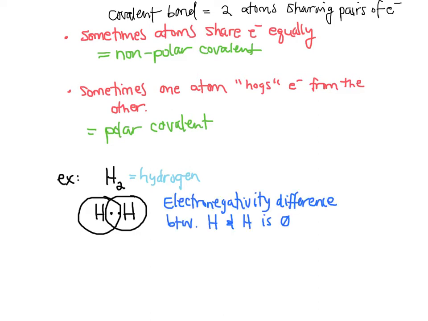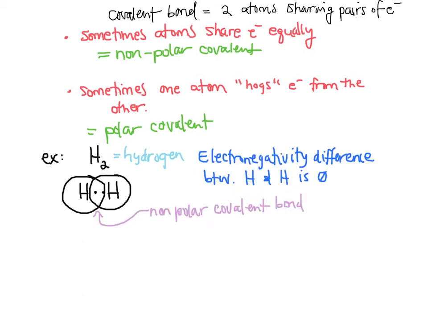Since this hydrogen is just as electronegative as this hydrogen, they're both equally attractive to those two electrons, and so those electrons will roughly spend their time evenly between the two hydrogens. So it's all about electronegativity difference.